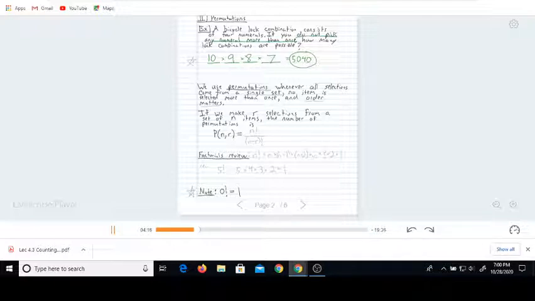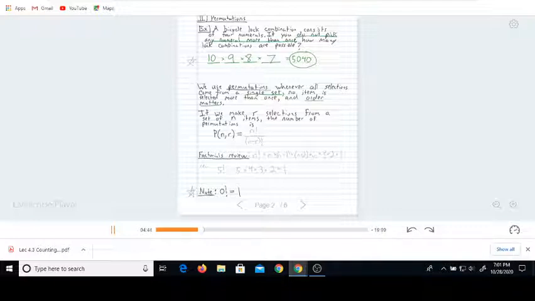And when order matters and repeats are not allowed, we're talking about permutations. So what we just computed in the last example was the number of permutations. So we use permutations whenever all selections come from a single set, no item is selected more than once, and order matters.